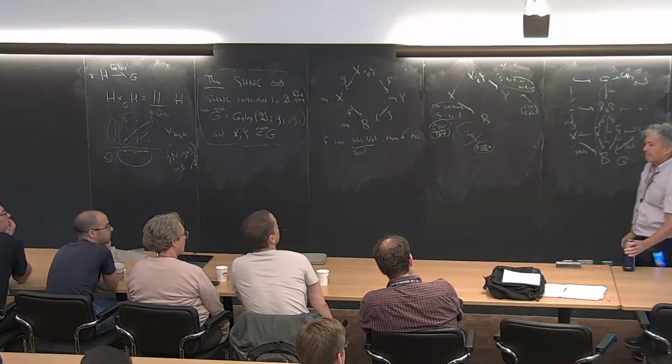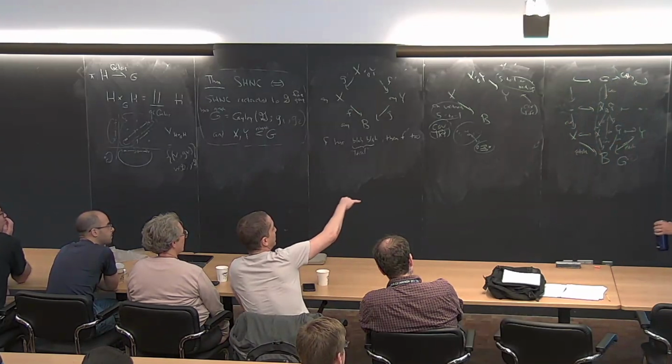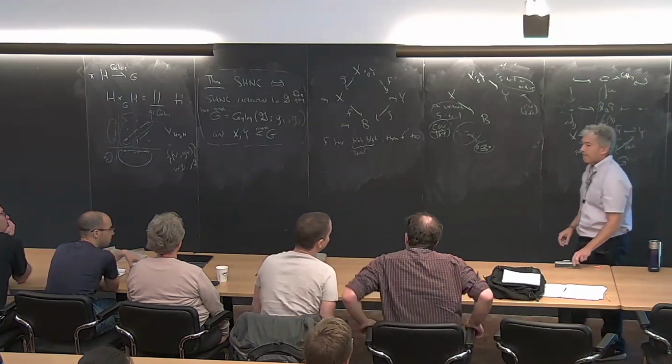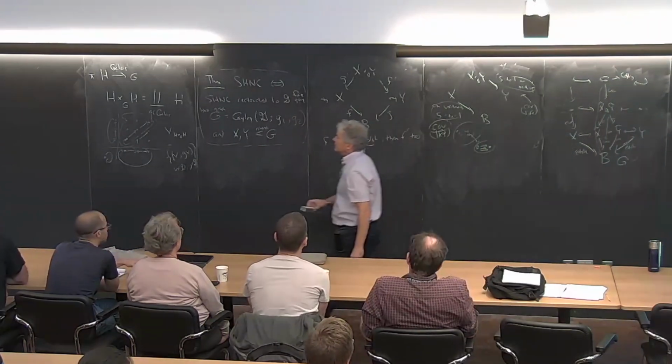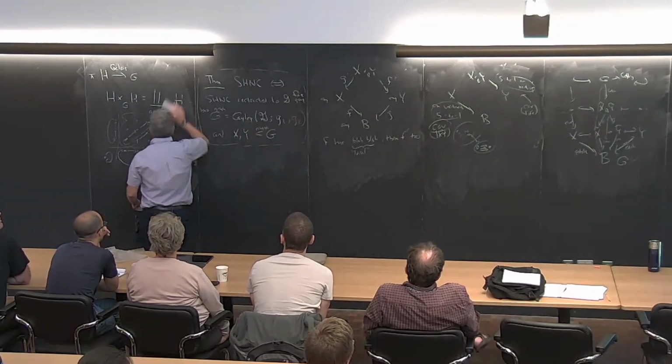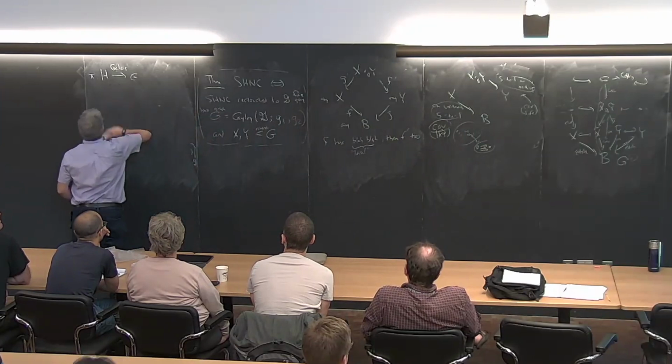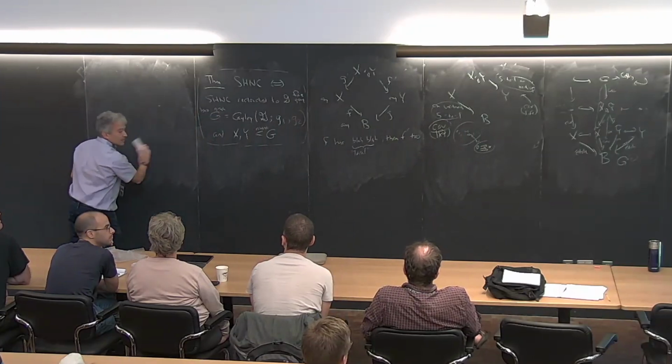So the point is, if you prove it for covering maps of X and Y, beautiful. That's true if it's true for the base graph, even if it's true for the covers.